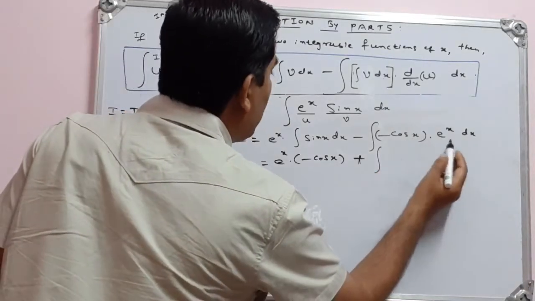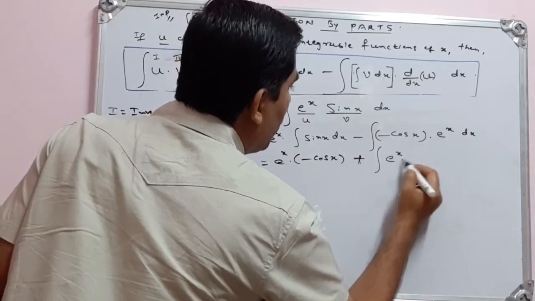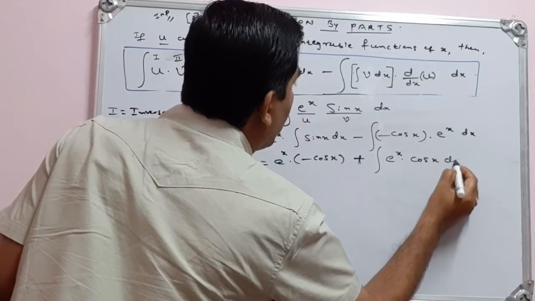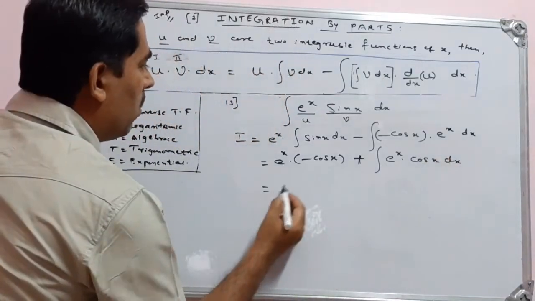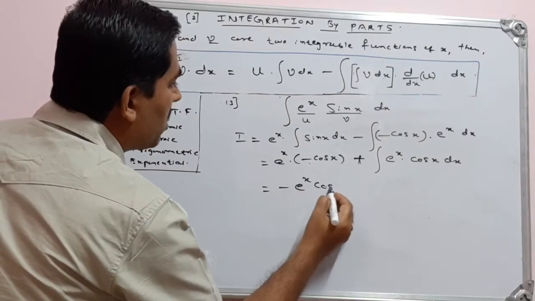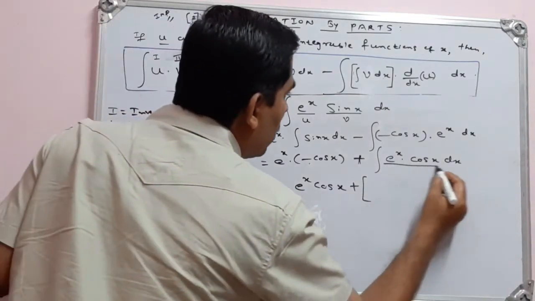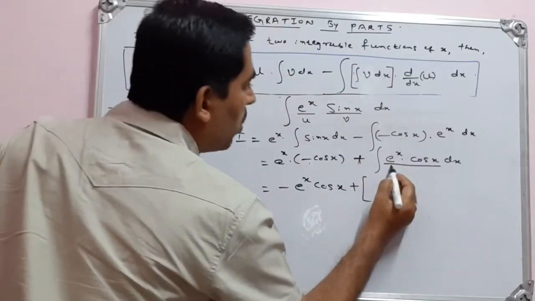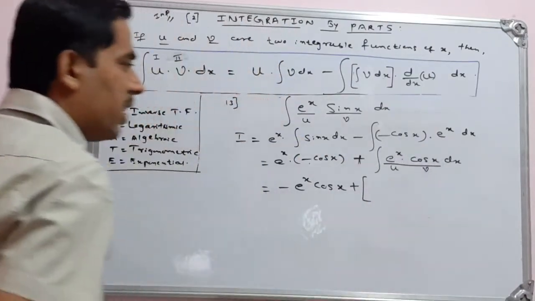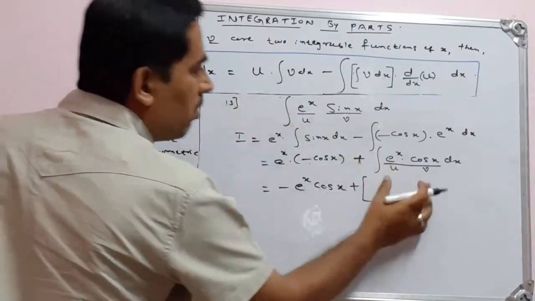I will write first the exponential function: e to the power of x into cos x dx. Then e to the power of x into minus cos x, the product is minus e to the power of x cos x, plus, once again for this, irrespective of the rule, you take this as first function and this as second function, then once again apply the formula.